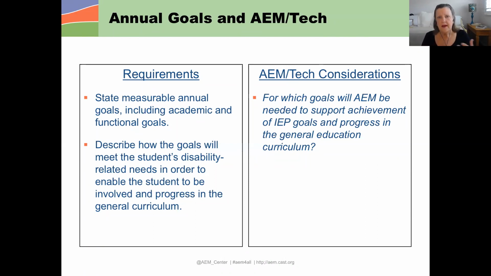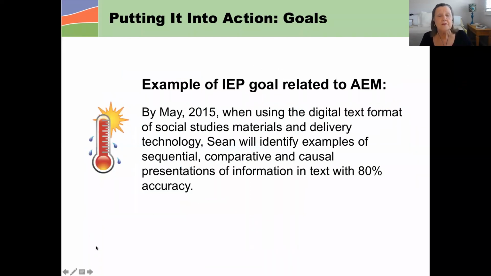And so when we think about AIM and tech considerations here, you need to have those goals in place, and then you think, for which of these goals will accessible educational materials and or technology be needed to support achievement of these goals so that the student can make progress in the general curriculum. So there's sort of a couple of ways that this might happen. I have a strong prejudice toward one way, and my colleague, who is an attorney, has a strong preference another way. So I'll tell you a little bit about this maybe.